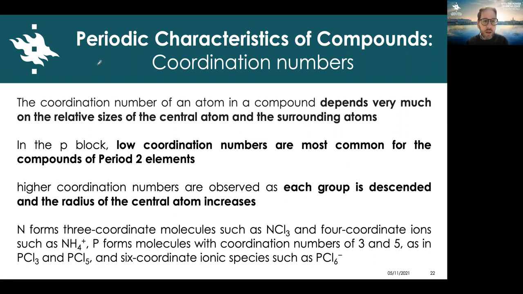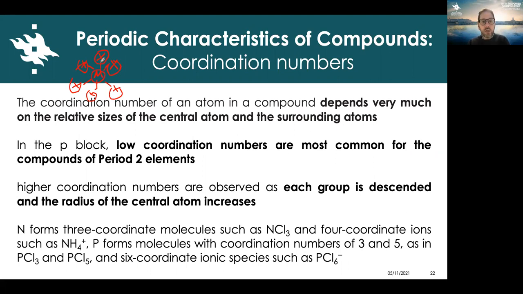So if we have a metal, for example, binding to 4 different species, this means coordination number of 4. If it's surrounded by 6 other atoms, then the coordination number is 6. So it's the number of intermediate atoms surrounding the central atom when it's part of a compound.